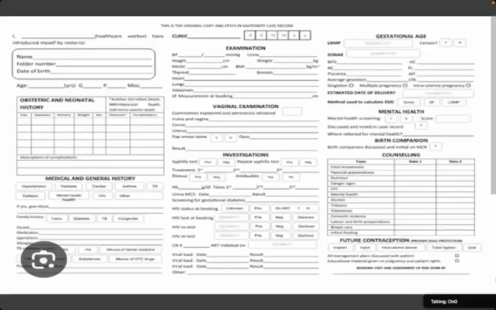This is sometimes not possible due to irregular cycles, the patient being unable to recall her dates, or the fact that she experiences bleeding during the implantation process. But the earlier a patient books, the greater the certainty of dates, and documentation assists greatly when dating a pregnancy, which is very essential. Our antenatal record book assists with documentation and continued assessment of the trajectory of the pregnancy.